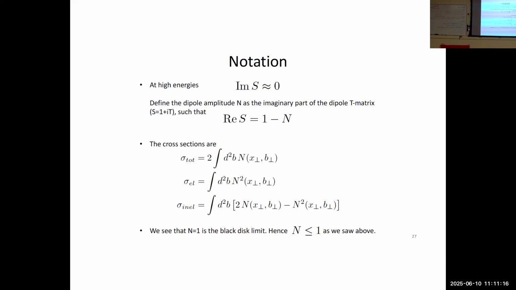Okay, so that's it, right? That's the result for the S matrix of a dipole of size x perp, at the impact parameter B perp, and maybe some center of mass energy scattering on a nucleus like this.